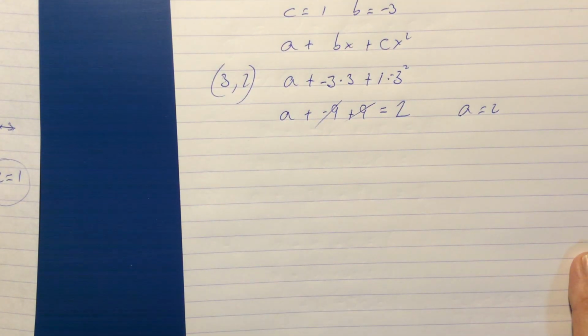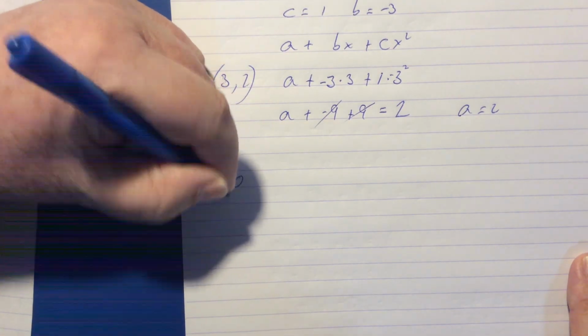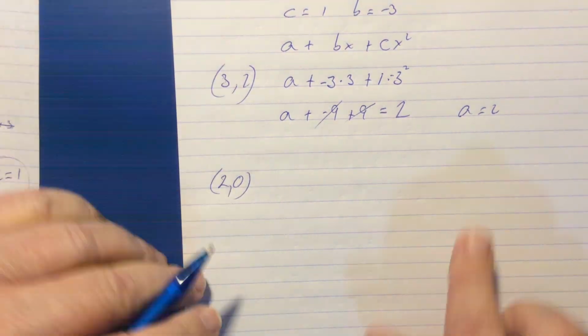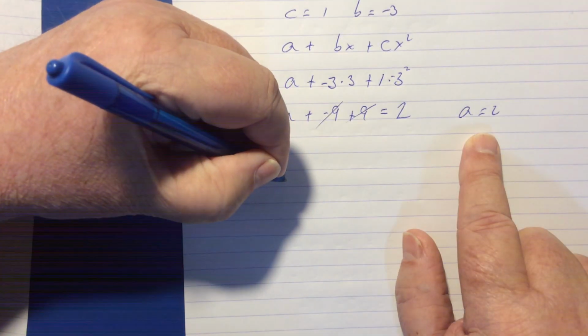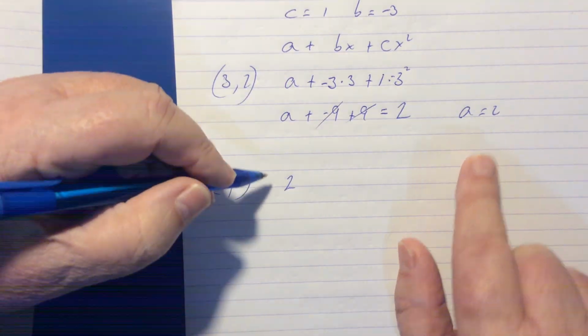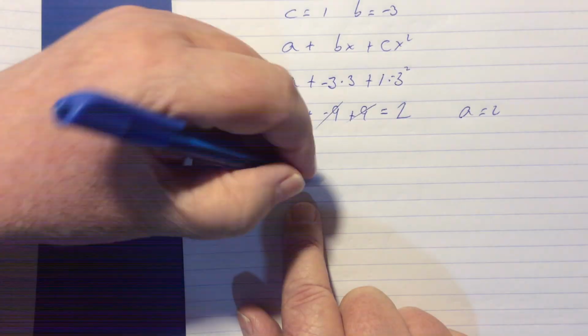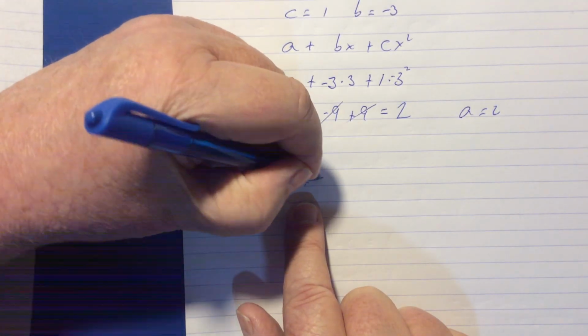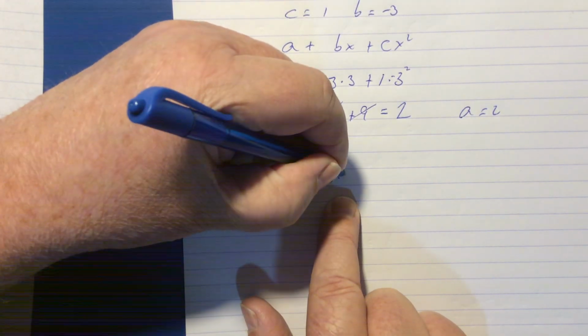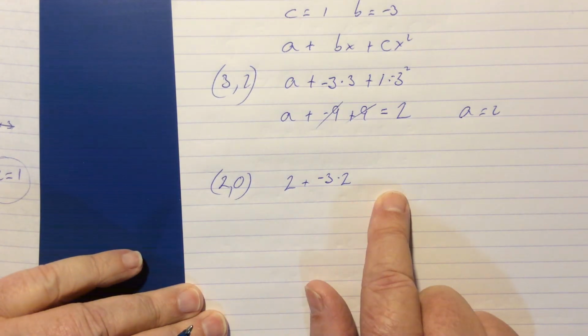We found everything. Now we need to check. Let's take another pair. We'll take the pair 2, 0. So, if a is 2, we put a 2 there. If b is negative 3, we put a 2 there.